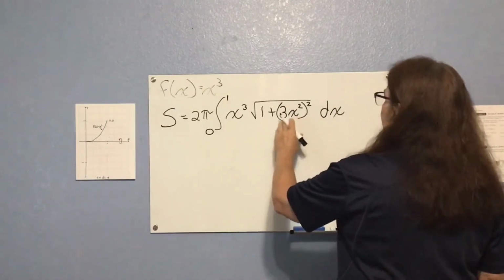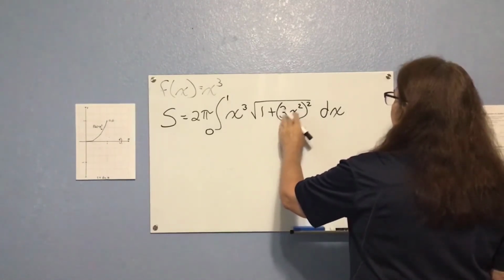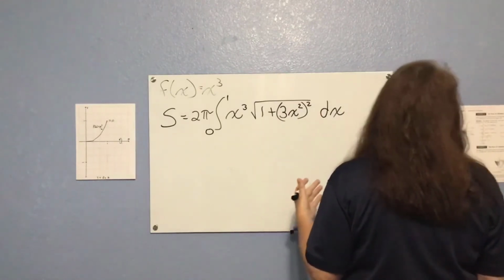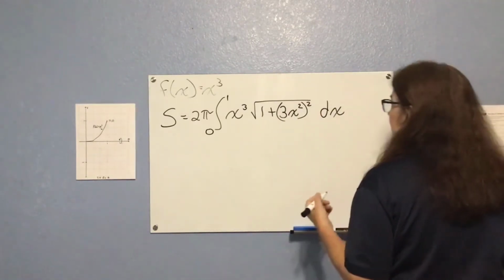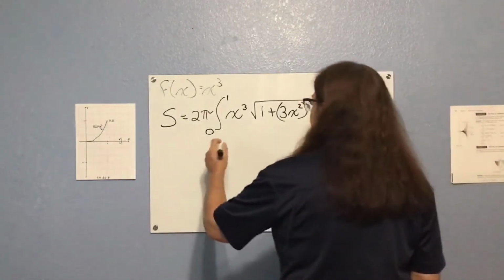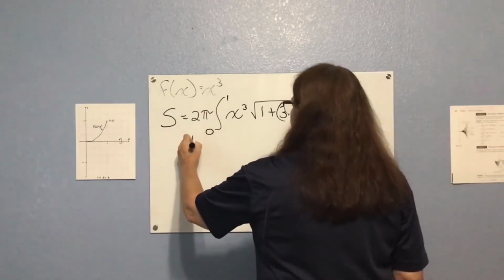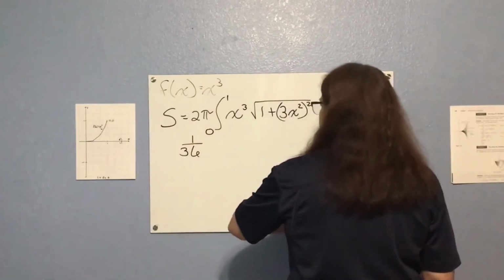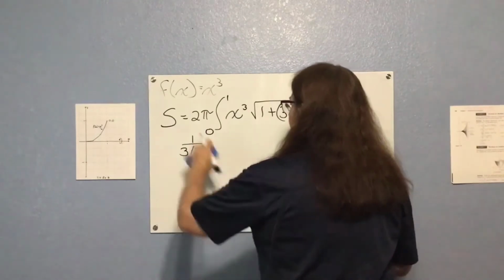Okay, when I square this, I'm going to get 9x to the 4th. And so for my dx, I'm going to need 36x cubed. To do that, I'm going to take out a factor of 1 over 36. Let's just put the 2 pi over that.